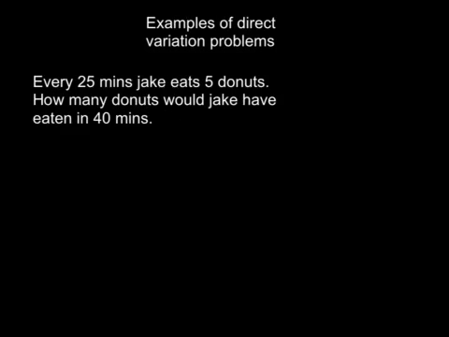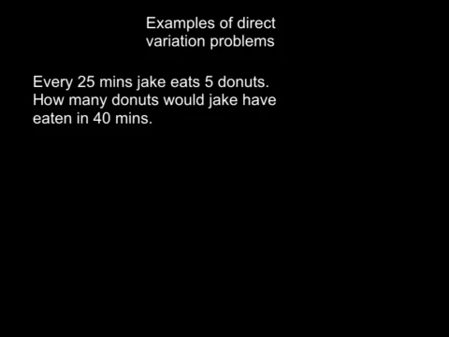Every 25 minutes, Jake eats 5 donuts. How many donuts would Jake have eaten in 40 minutes? This is a direct variation problem, and we are using the unitary method to solve it. So we have to find how many donuts Jake would have eaten in 1 minute.